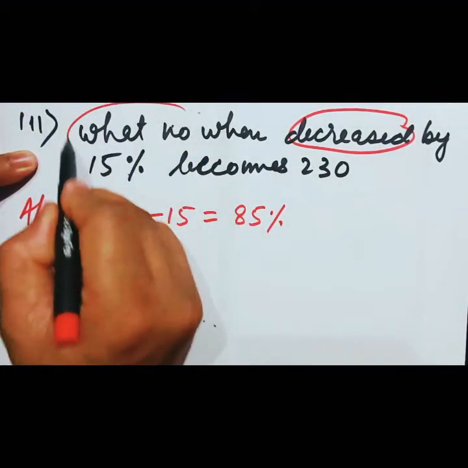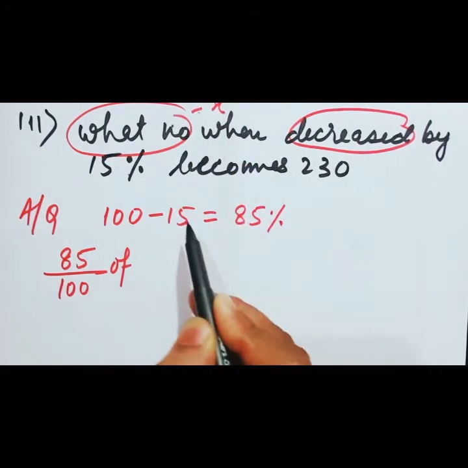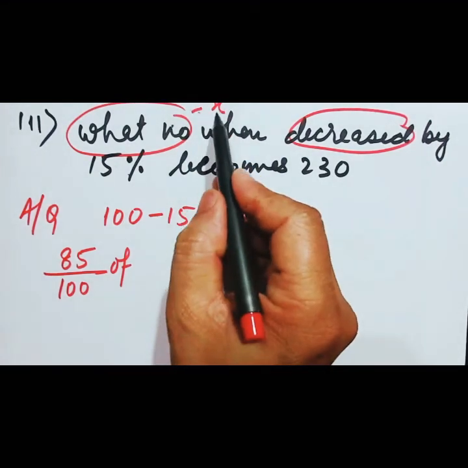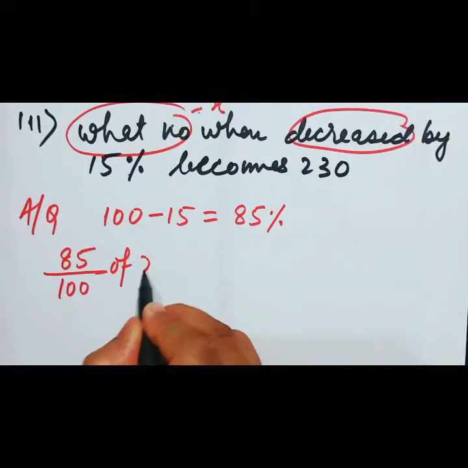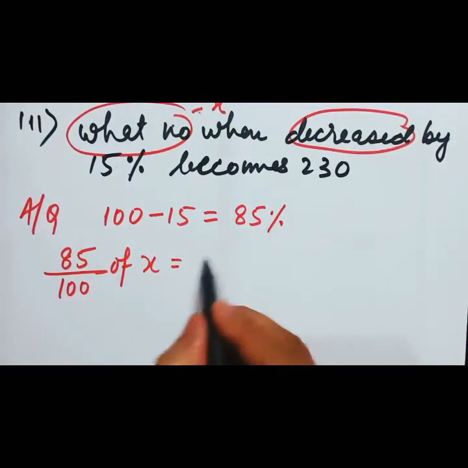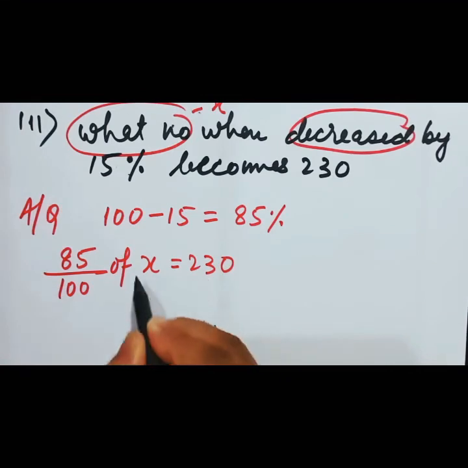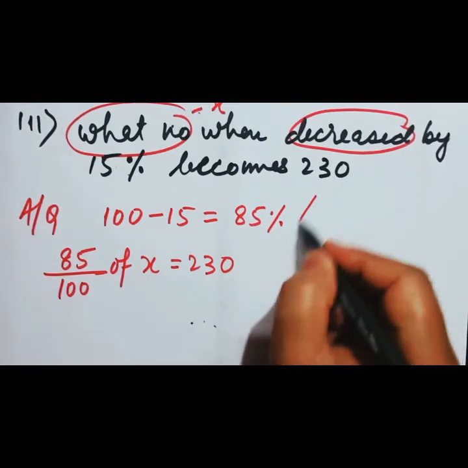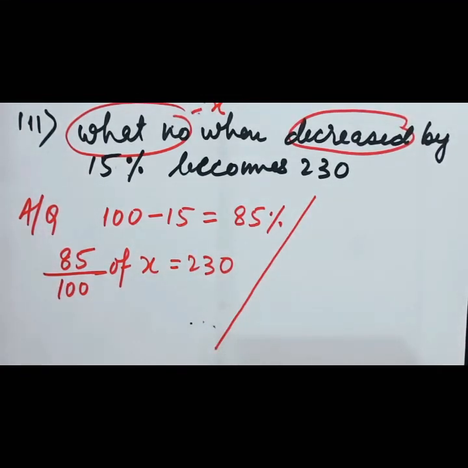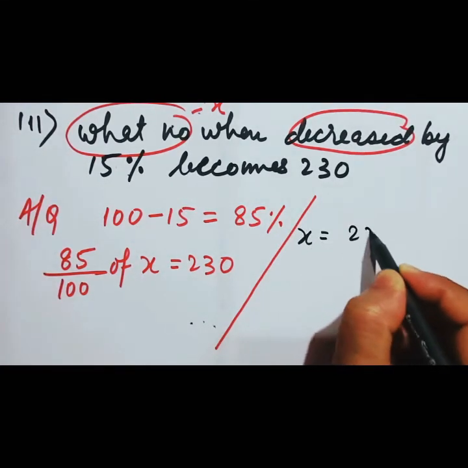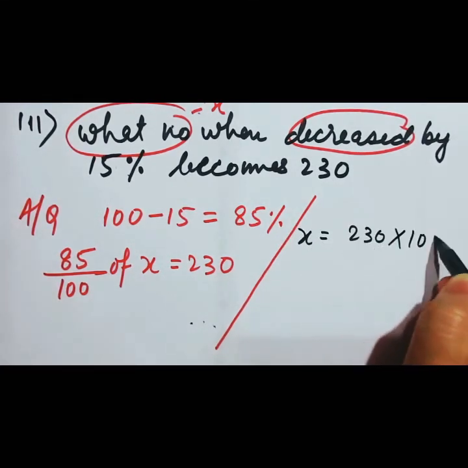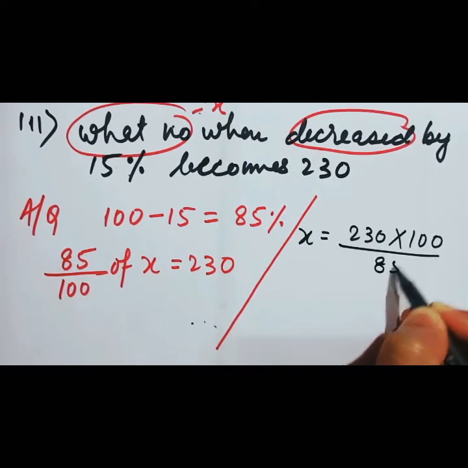What number? So x. So when we find 85% of this x, we will get 230. Now, can you find the value of x? I hope you will not say no. So the value of x will be equal to 230 multiplied by 100 divided by 85.